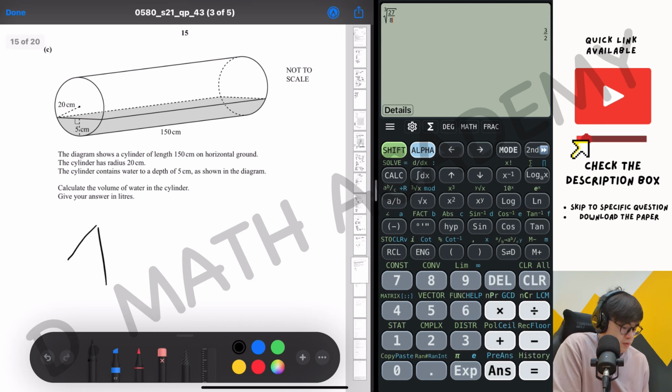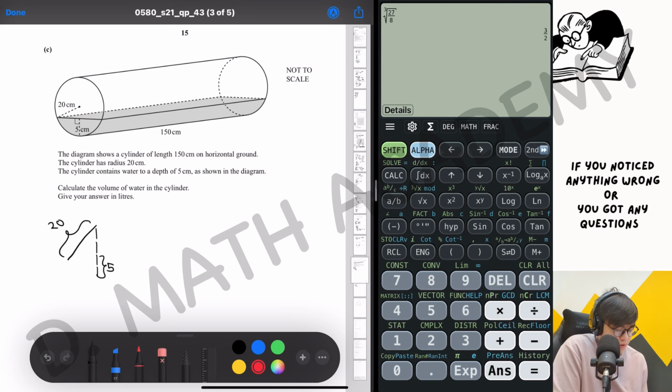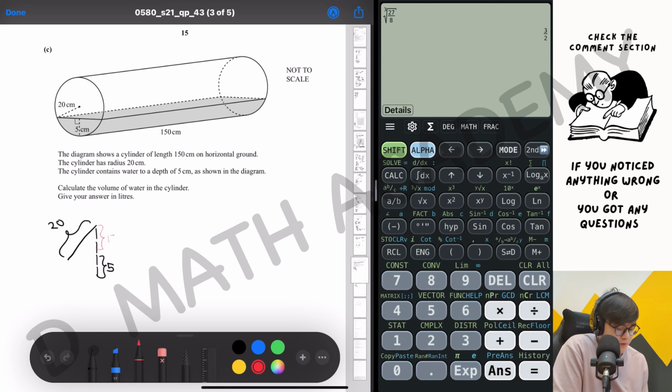Because the radius is 20, all of the sides should be 20 actually. But they told us here was 5, which means the balance should be 15 here. So with this 15, you can actually trace the value of half of the chord there.